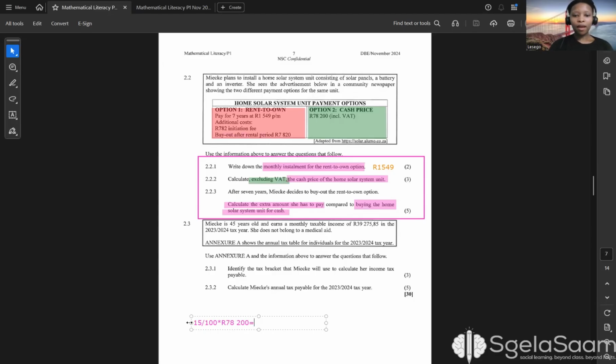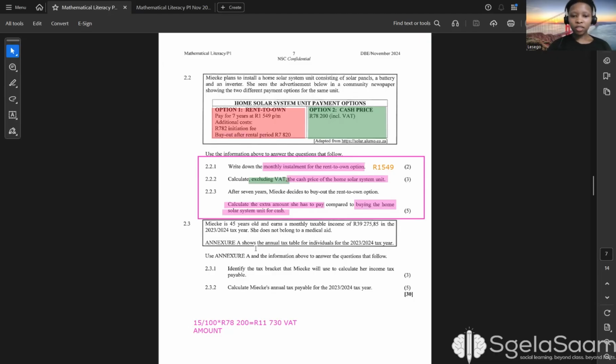Okay, and when we calculate, it will give us 11,730. Please be mindful, this is just the VAT. This is the VAT amount.